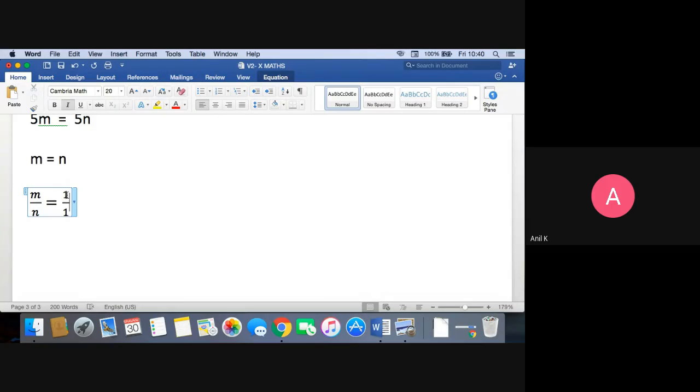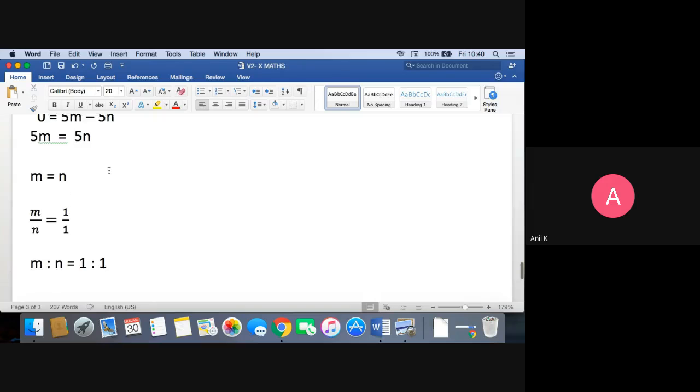So that implies m is to n equals 1 is to 1. If the ratio is 1 is to 1, can I say the point is the midpoint? That's what we discussed, right? If it is a midpoint, then the distance from A to P and P to B are equal. Then only the ratio will come 1 is to 1. That means P is a midpoint.